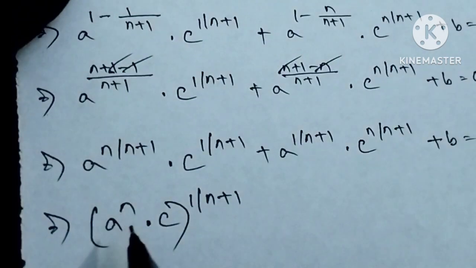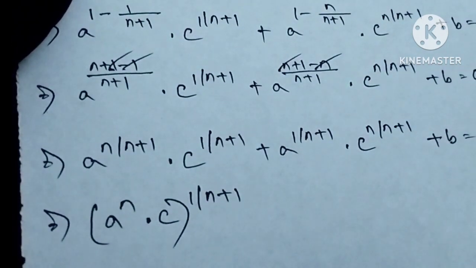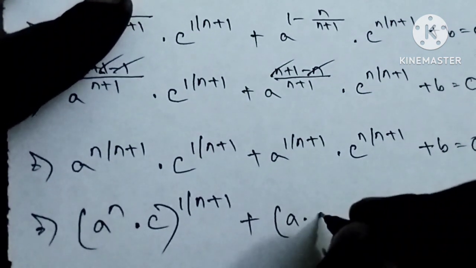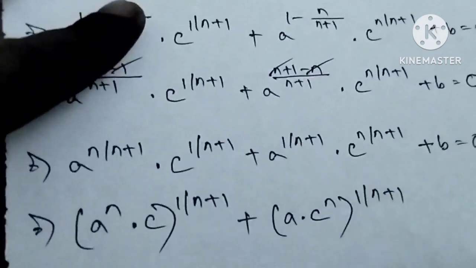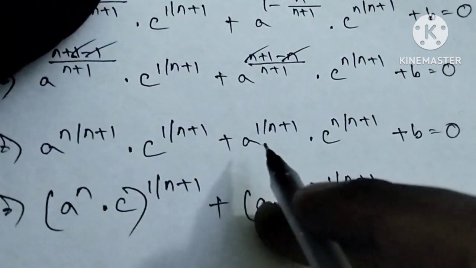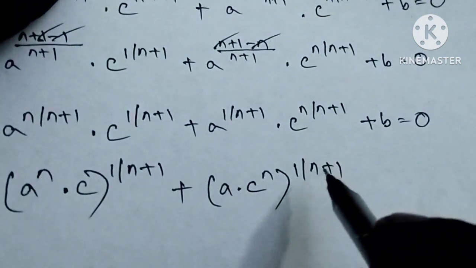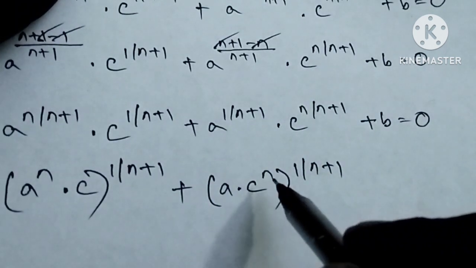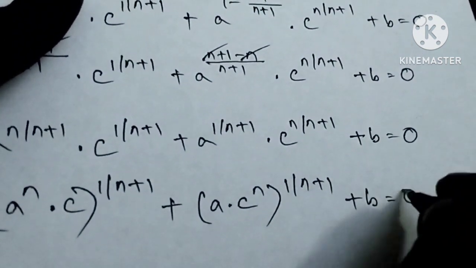And here plus a into c to the power n, whole to the power 1 by n plus 1, I can write a into c to the power n whole to the power 1 by n plus 1. Then it will be a to the power 1 by n plus 1 as it is, then c to the power n by n plus 1, then plus b is equal to 0.